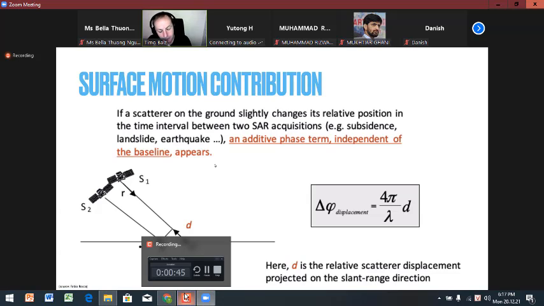Now, again, when we look at that equation, it gives us the difference in the phase, right? But the equation itself would be the unwrapped phase.